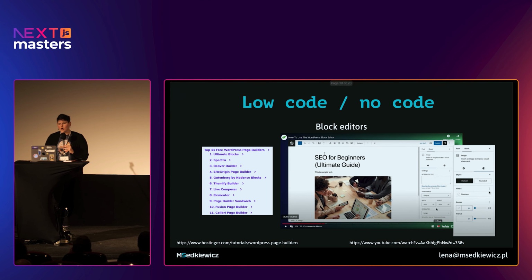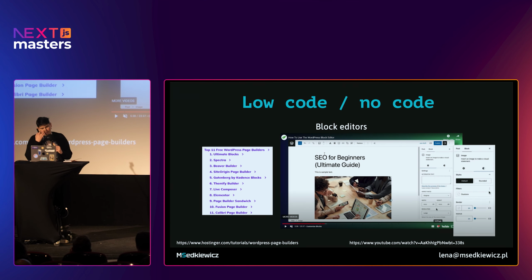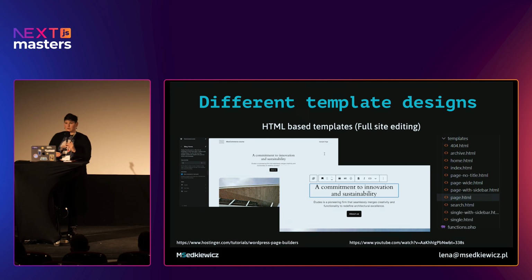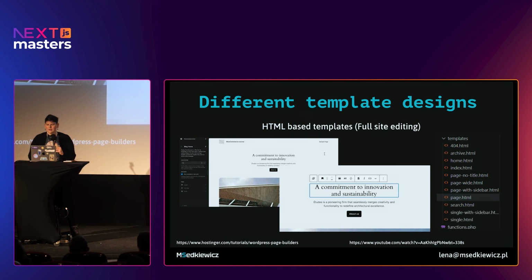Then you have a lot of low-code, no-code solutions, a lot of different plugins, both paid and free, with block editors. I didn't dive more into it because it's not my way of coding, but I bet that you can also find a lot of React in them. But then you can have different template designs. You can code different template designs. This is the latest one, HTML-based templates, full-site editing.